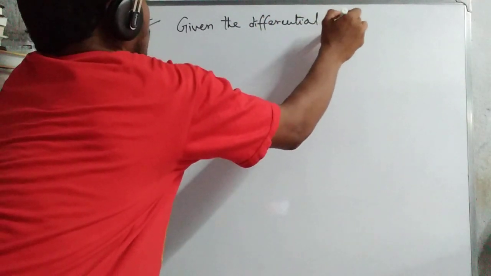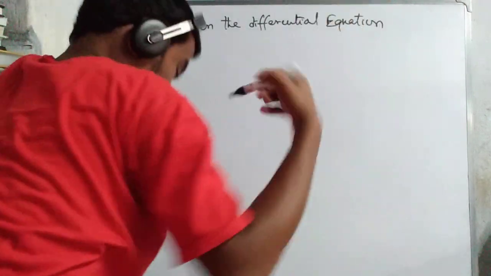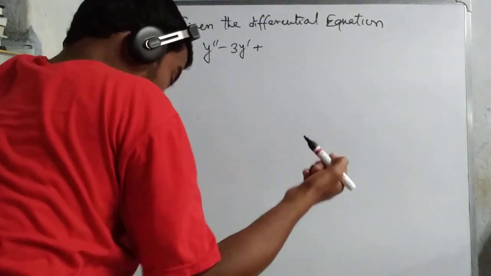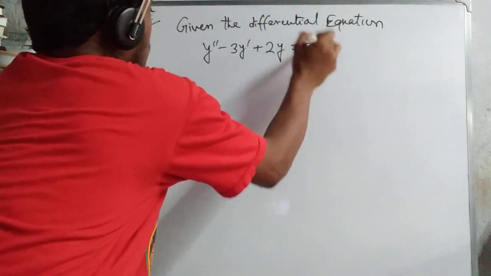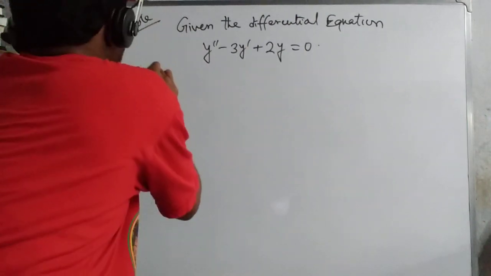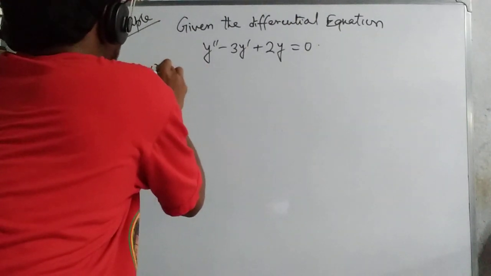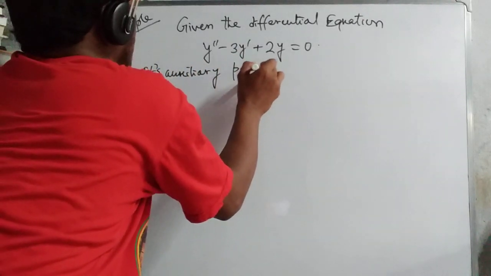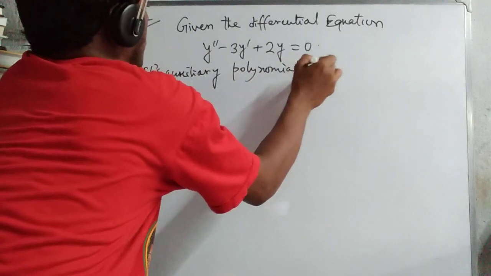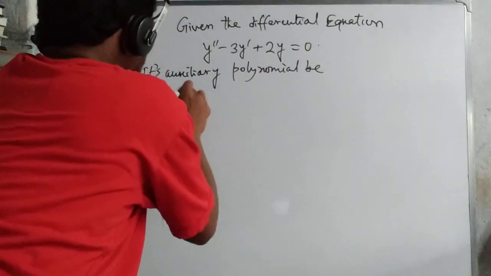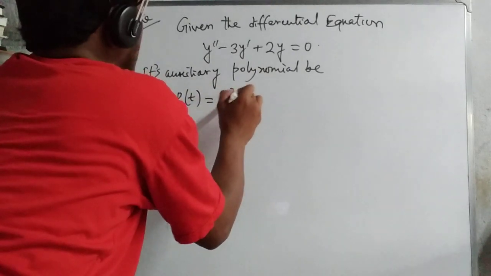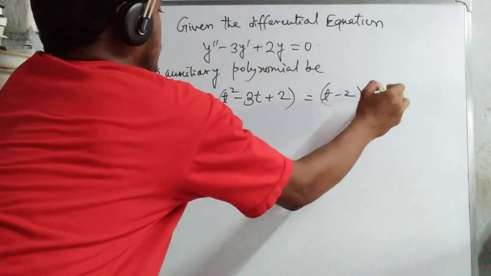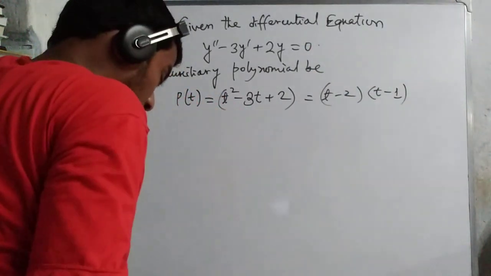Given the differential equation y double dash minus 3y dash plus 2y equal to 0, what happens? Its auxiliary polynomial p(t) equals t squared minus 3t plus 2. That means (t minus 2)(t minus 1).